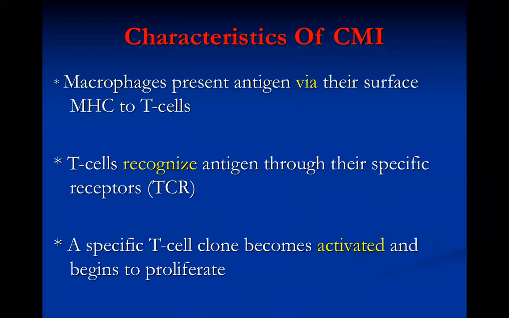But when we continue with the characteristics of cell-mediated immunity, we have macrophages able to present the antigen through their surface receptors to the T cells. And these macrophages must express onto their surface a third molecule, the major histocompatibility complex molecule, which by now I think you've learned.